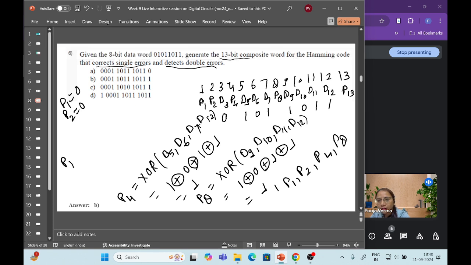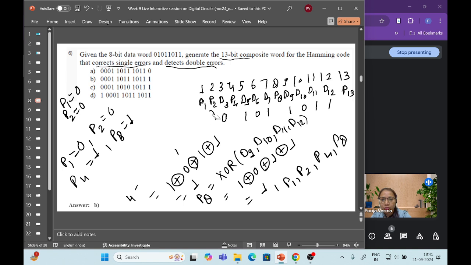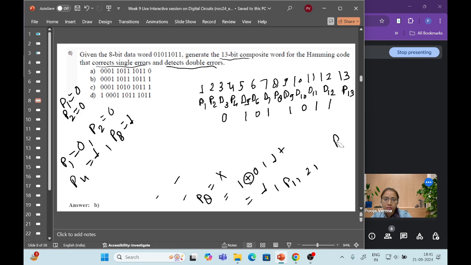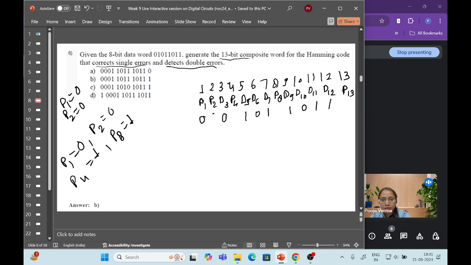P1 we have already got 0, P2 is also 0, P4 we have got is 1, and P8 is also 1. Okay, so now I'm removing all these things from here so that we can write. So P1, P2 are 0, 0, P4 is 1, P8 is 1.